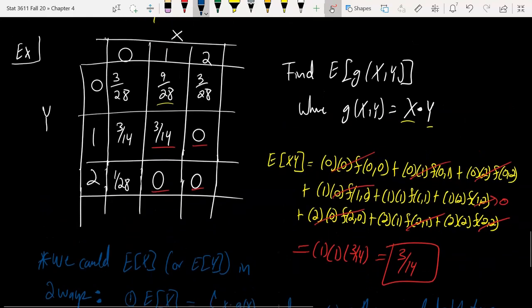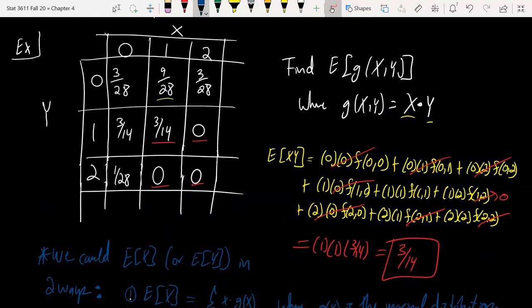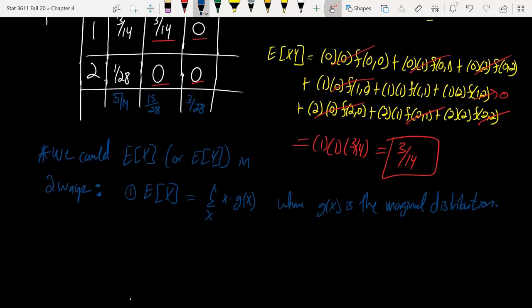In the discrete case, we can just add up these columns. So the 3/28, 3/14, and 1/28 adds up to 5/14. Then 9/28 plus 3/14 is 15/28. And then this is just 3/28. So that is the marginal distribution in this case.